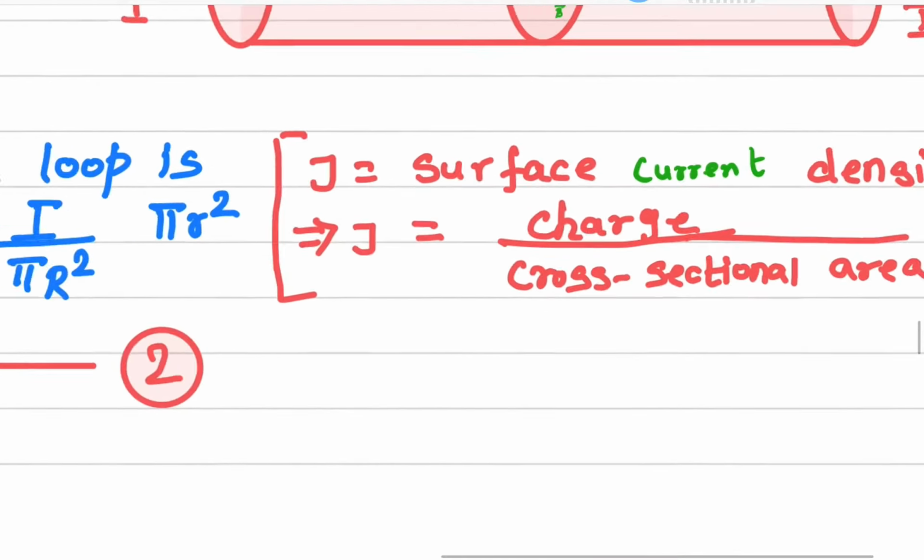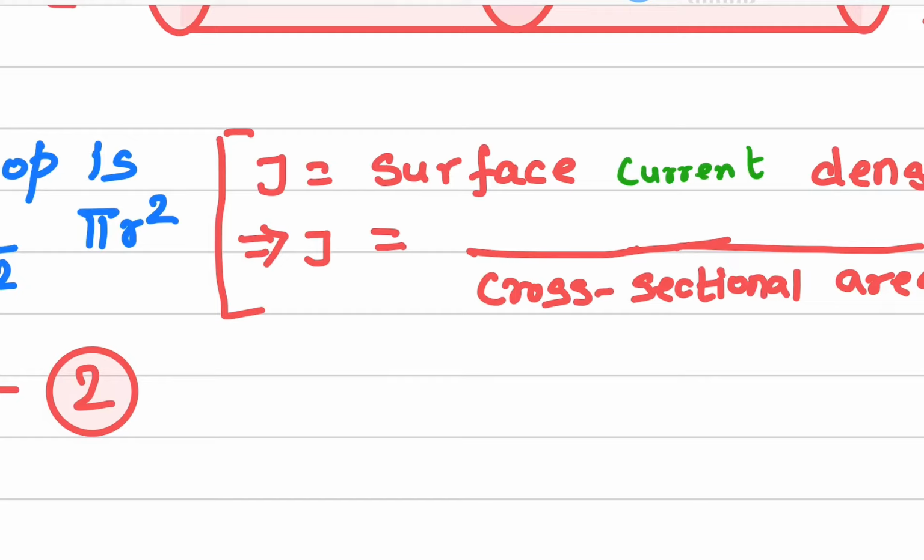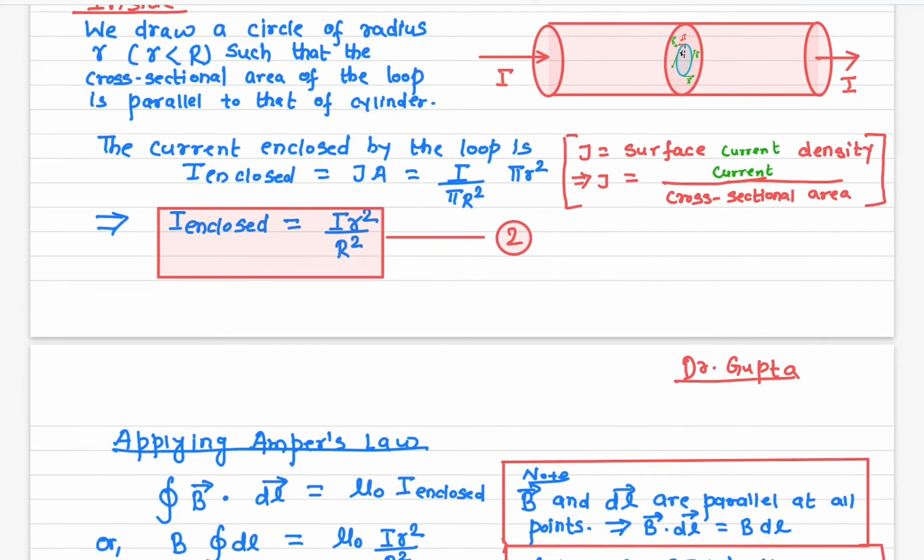That means the current density has to be the current divided by the cross-sectional area. The total cross-sectional area is pi r squared, and the current is distributed over the entire cross-sectional area.